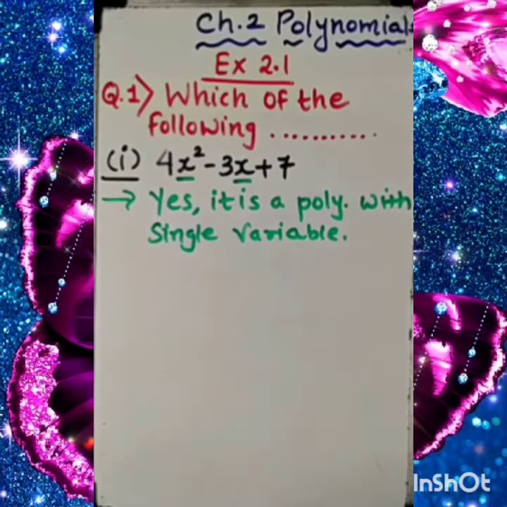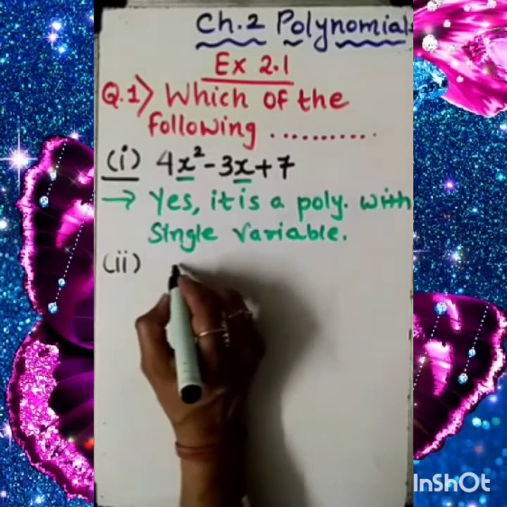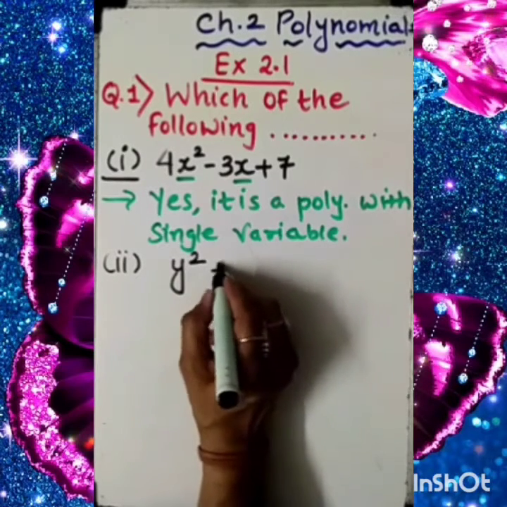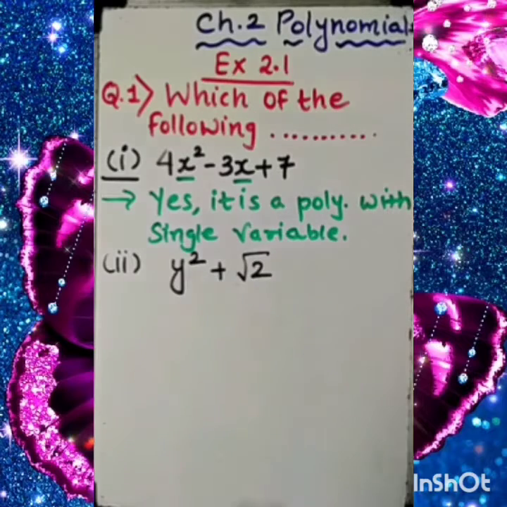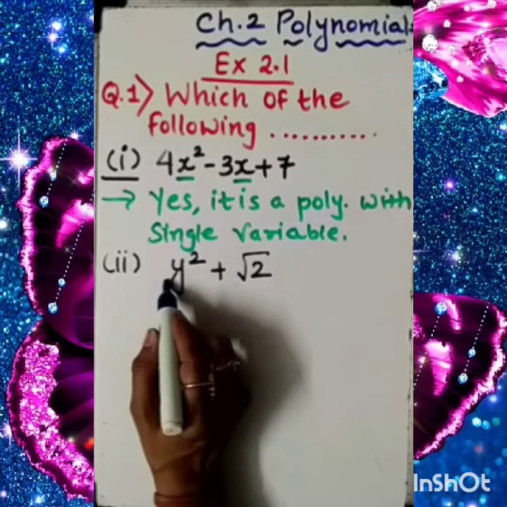Now let's go with the next. Let's work out the second. The algebraic expression we are given is y square plus root 2. Now dear students, observe carefully, here only y is there.